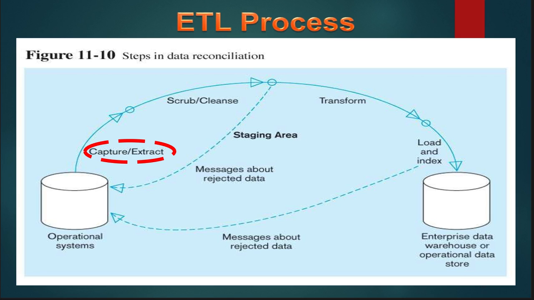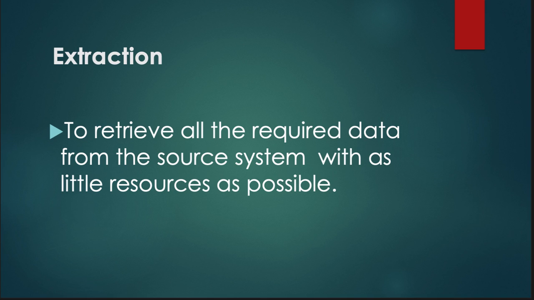Here we have the process from the operational system to the enterprise-wide warehouse, where data is extracted and captured. You can see it in the red circle here. The extract step covers the data extraction from the source system and makes it accessible for further processing.